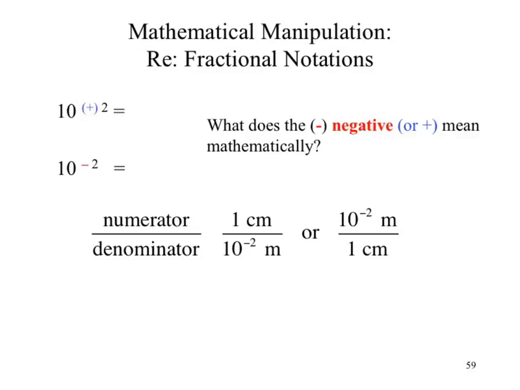The other way that people memorize that value is instead of 10 to the negative 2 meters is 1 centimeter, they memorize it as the exact same thing, except now what I've written doesn't have a negative value, doesn't have exponents, and now I feel more safe and comfortable in my life.